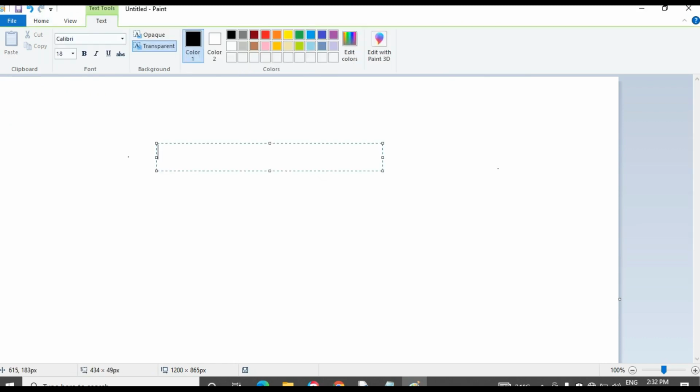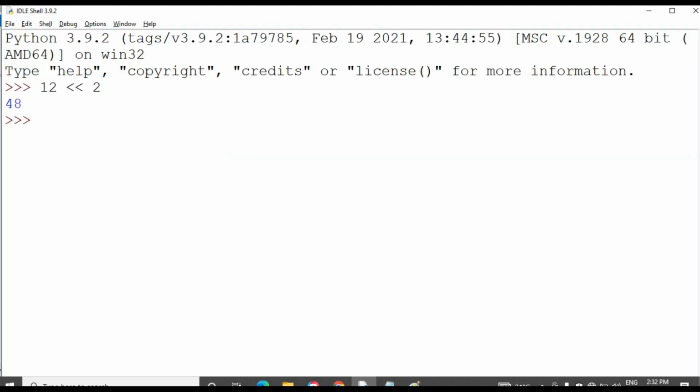Okay friends, I am taking the binary representation. 12 left shift 2.